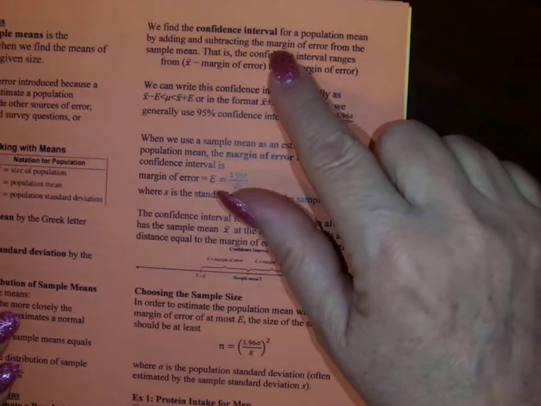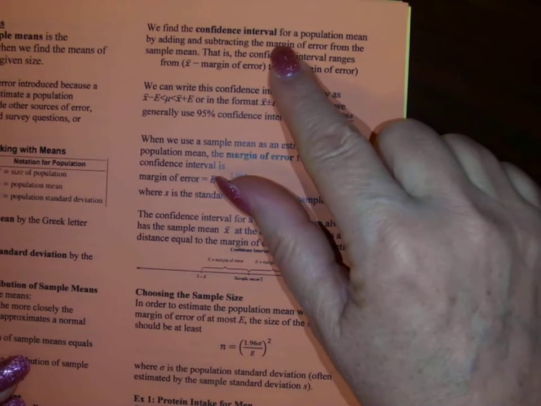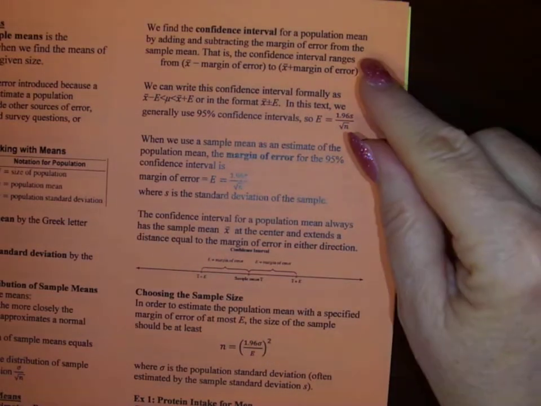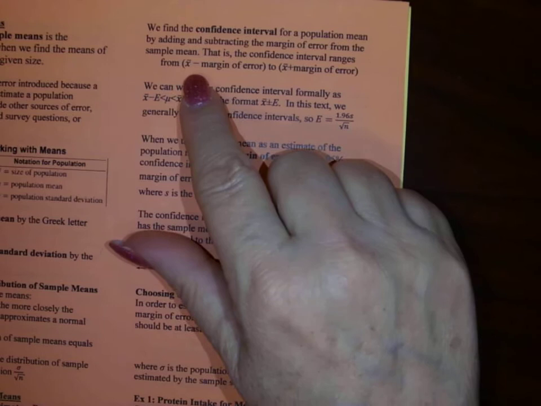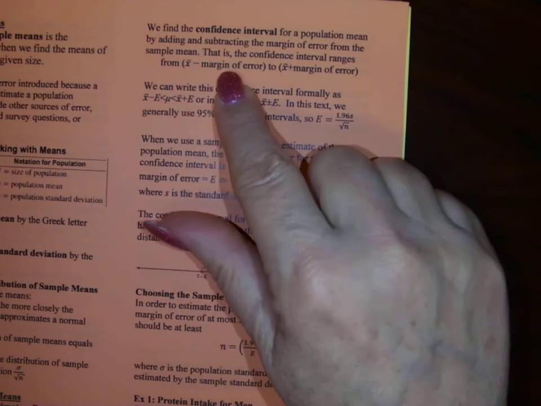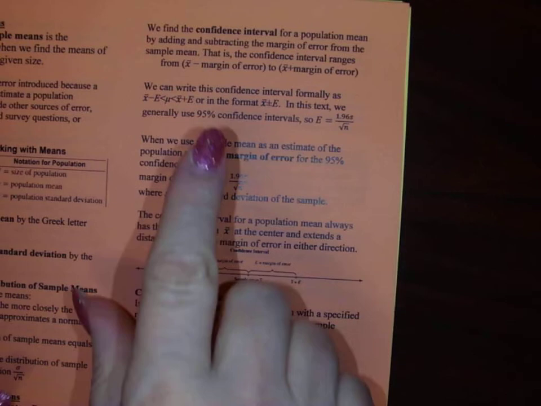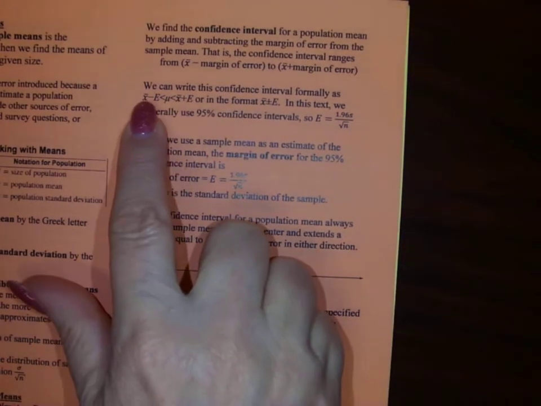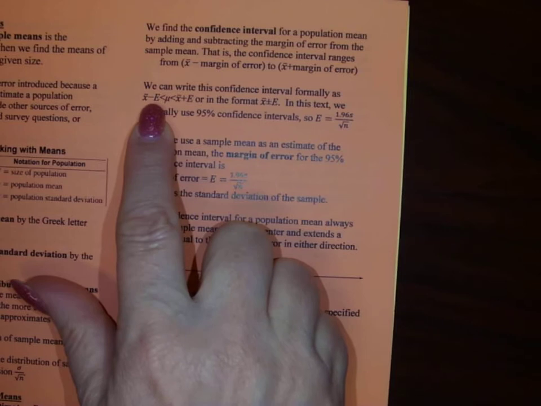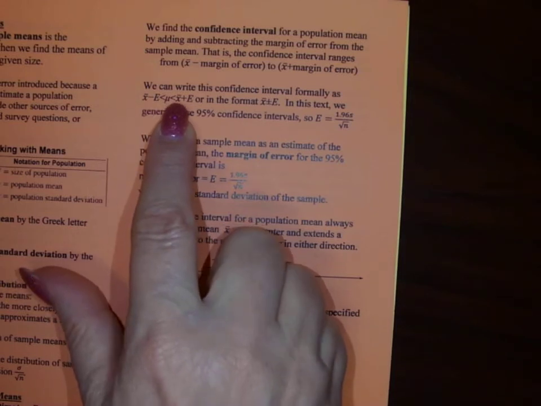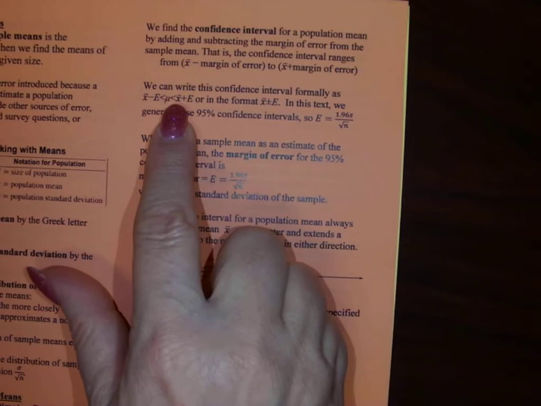So we'll find our confidence interval for our population mean by adding and subtracting the margin of error from the sample mean. That means we'll have X bar minus the margin of error to X bar plus the margin of error. We can write the confidence interval formally as X bar minus the margin of error is less than mu, which is less than X bar plus the margin of error.